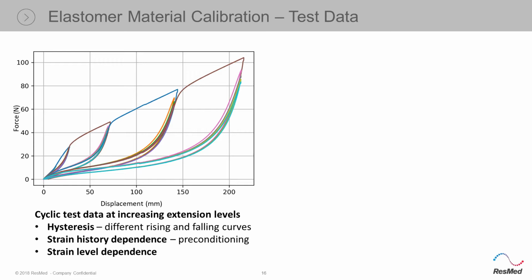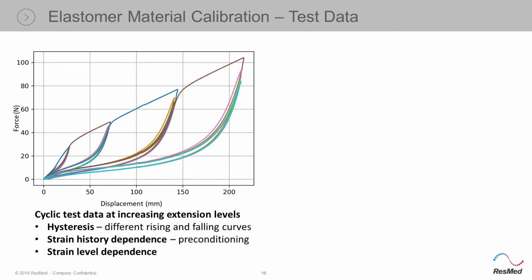Another thing which is really interesting is that they're strain history dependent. If you look at one of those loops, you'll see that the first time you pull it, it follows a markedly different curve to the second and subsequent times. But also if you look at the second and subsequent times at each level, they progressively get a bit softer and the peak drops down, but it eventually stabilizes. So that's called preconditioning.